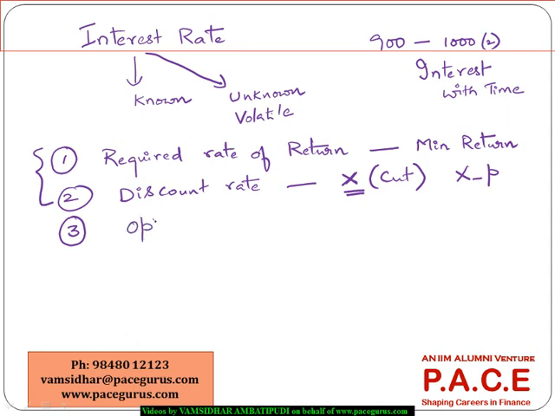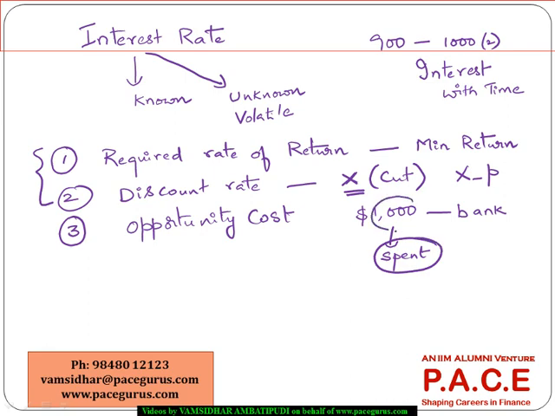And the third dimension I look at interest rate is the opportunity cost. Sometimes you look at it: I'm saving, let's say, $1,000 I have deposited in a bank, versus I have spent it today. If I am spending 1000 today, I have lost an opportunity of probably getting 1050 after 1 year.